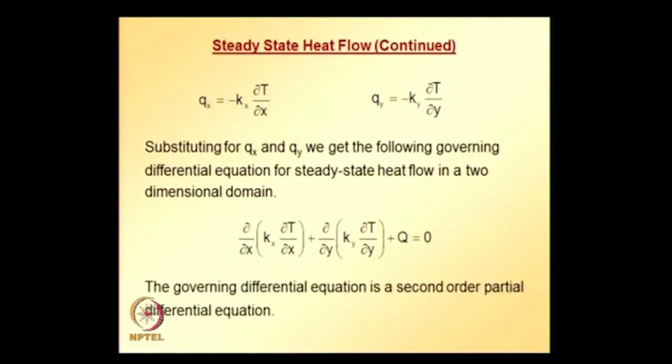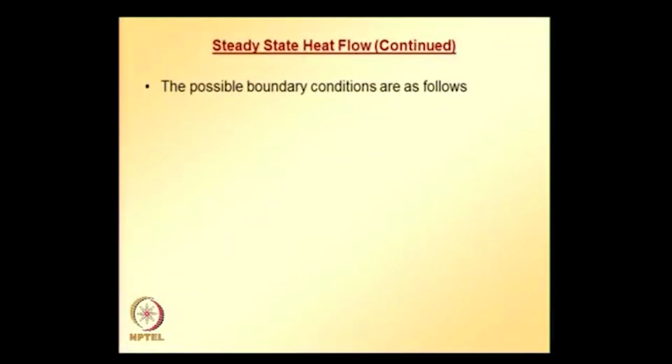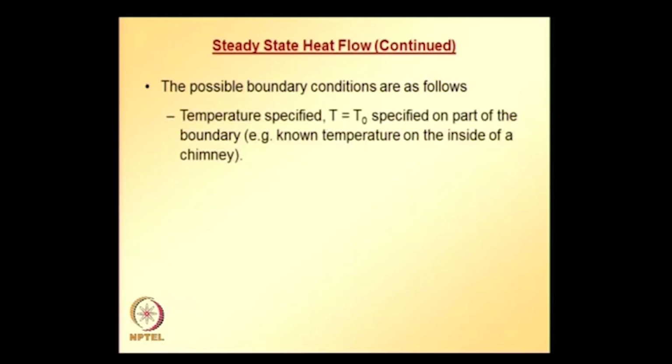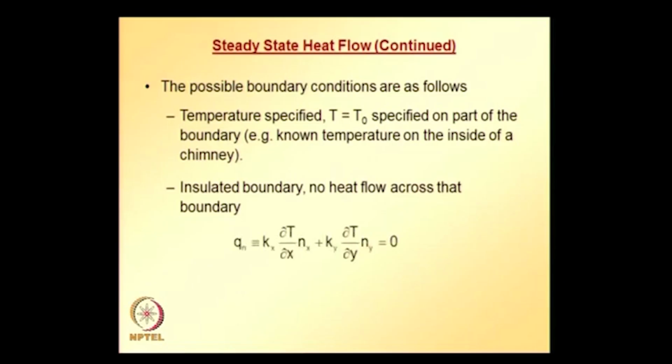So, the governing differential equation is a second order partial differential equation, and the boundary conditions are as follows: temperature specified on a part of the boundary, or insulated boundary, no heat flow across the boundary. In that case, Qn, where n is the outward normal to the surface, and nx and ny are the components of the outward normal to the surface.